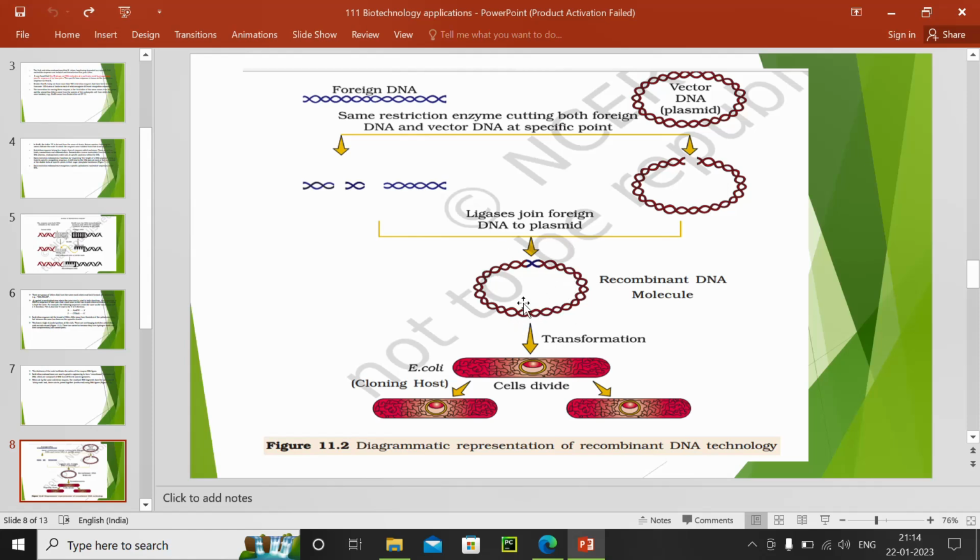This recombinant DNA molecule is then transferred to the cell, and when the cell divides, it forms its clone because there is no genetic variation as it is asexual reproduction. When this cell divides, it forms two cells whose genetic makeup is identical to each other or 100% alike. Therefore, they are called clones of each other or clones of the host, and they again contain this plasmid DNA inside them.